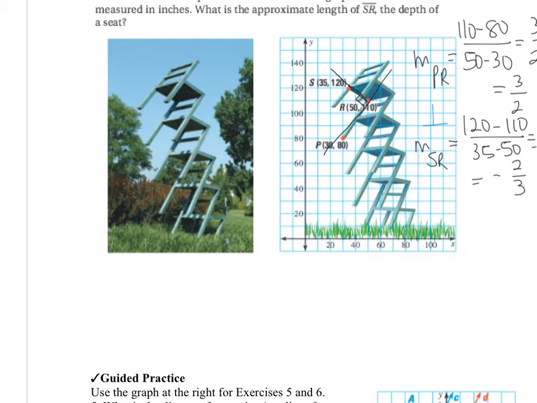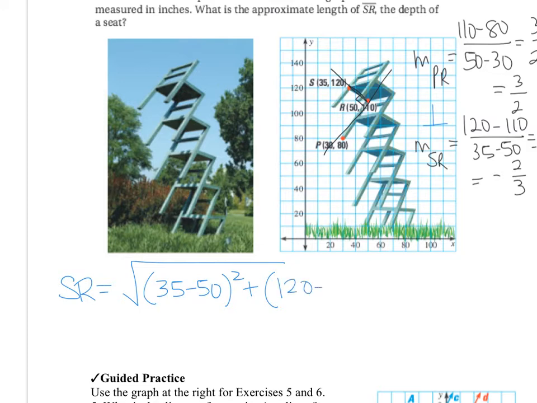So then it is just the distance formula. So what is the length of SR? So we take the square root of the difference in the x's squared plus the difference in the y's squared, which you already had when we found the slope.